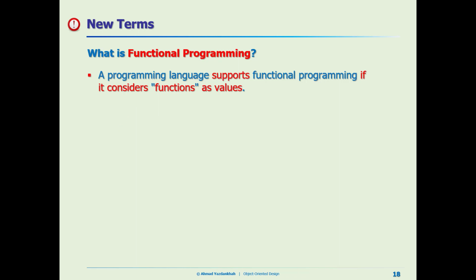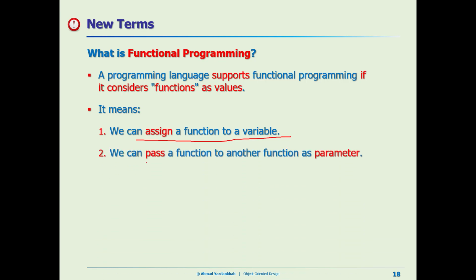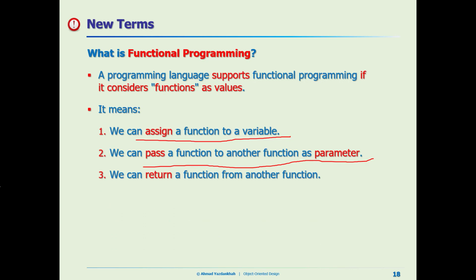If you can assign a function to a variable, if you can pass a function as a function parameter, and if you can return a function as a return value, these three places, if you can use the function, then we would say that programming language supports functional programming, right?